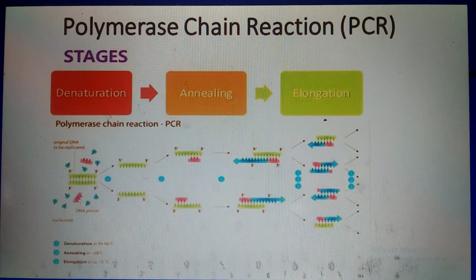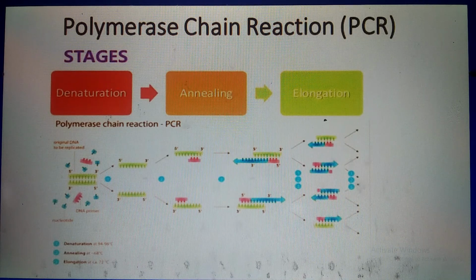Like the simple replication in the nucleus of the cell, what will happen in the PCR? In the nucleus of the cell, there are many enzymes which help in converting the double strand into single. But in case of the PCR, we use high temperature to denature the double stranded into single stranded. So the second step is the annealing.